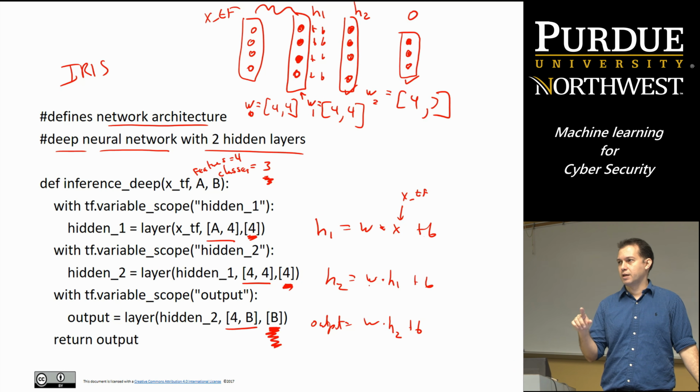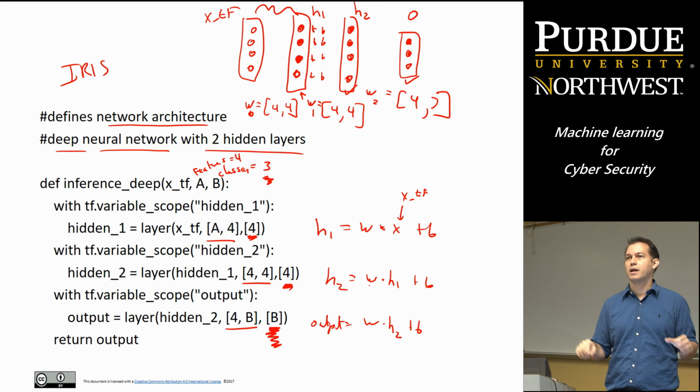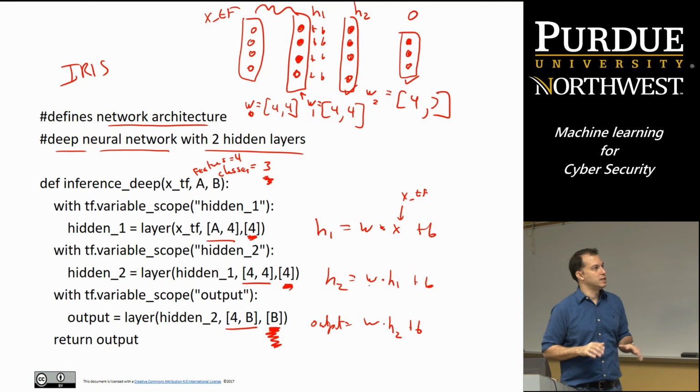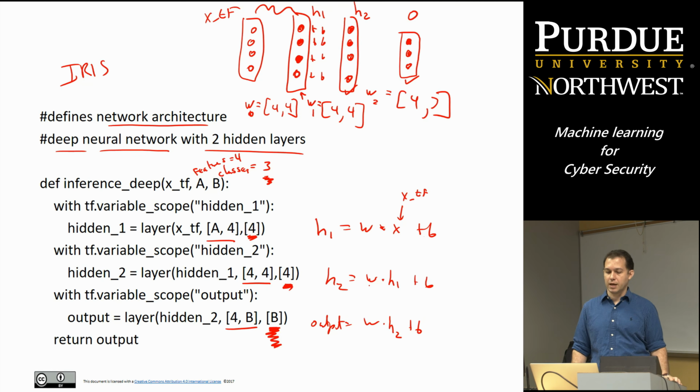So even if you see something like W1 and W2, by appending hidden 2 to that W1, it jogs your memory: oh, this W2 belongs to hidden 2, so I know which layer I'm talking about. Okay? So that's one of the things that's a little bit difficult to grasp with TensorFlow, but it does make sense actually. Because if you program in Torch or one of those other ones, you might wish you had something like this mechanism. All right?